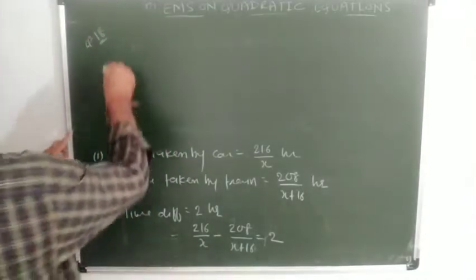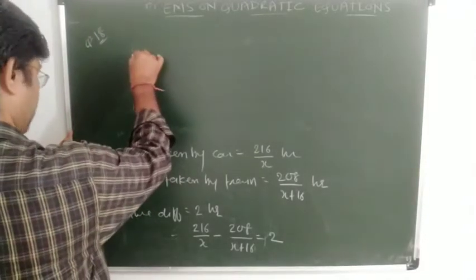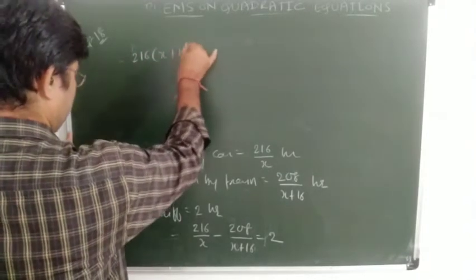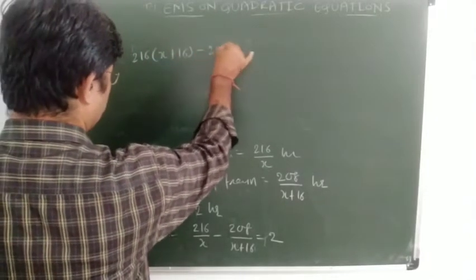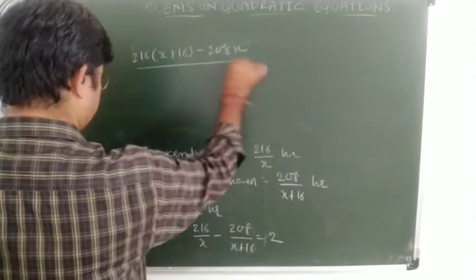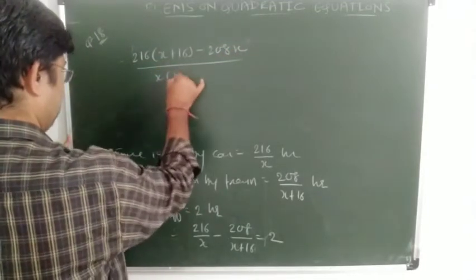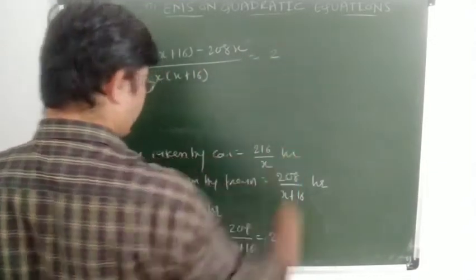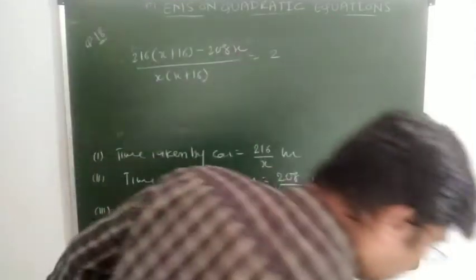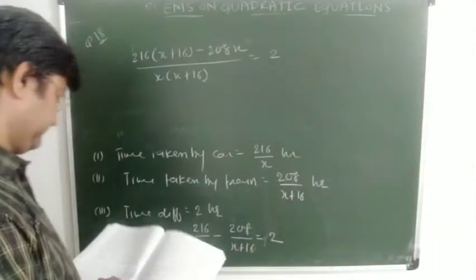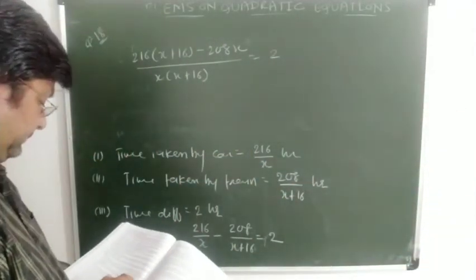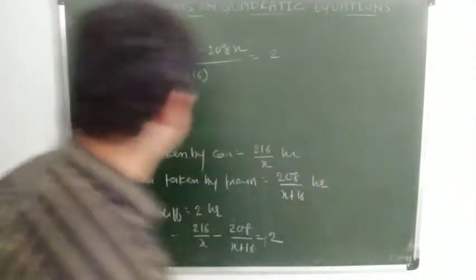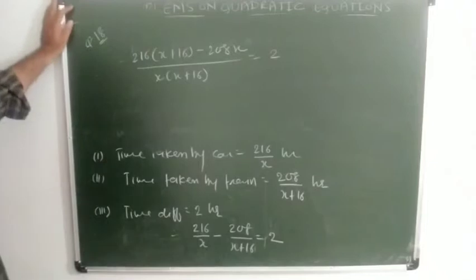Therefore, 216 into x plus 16 minus 208 into x is equal to 2. Now let us simplify.